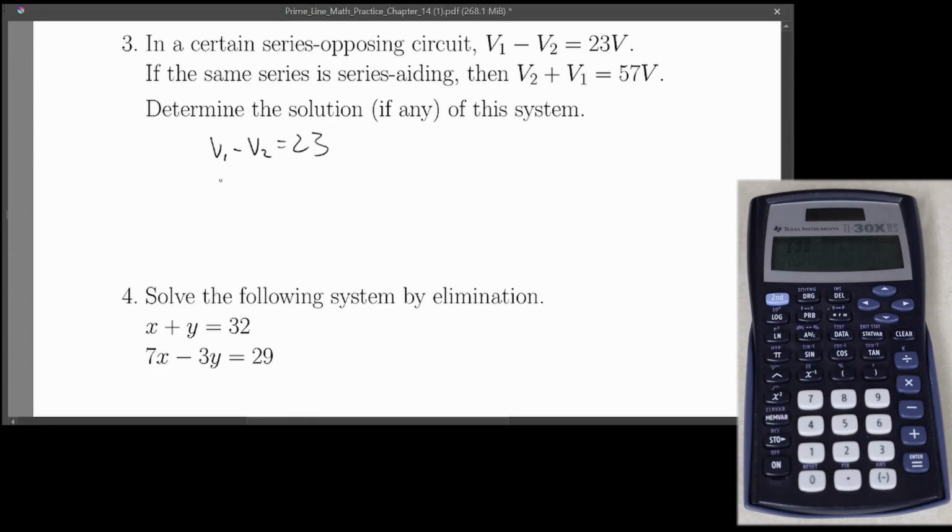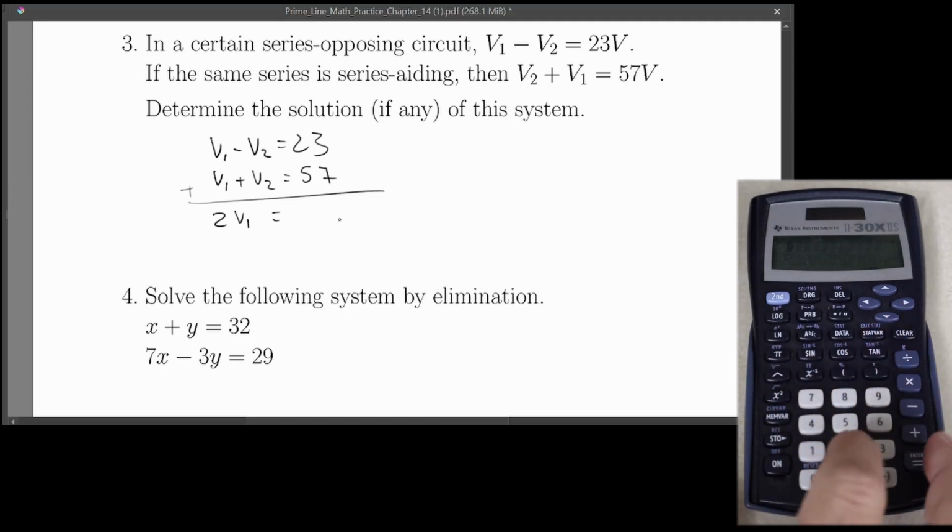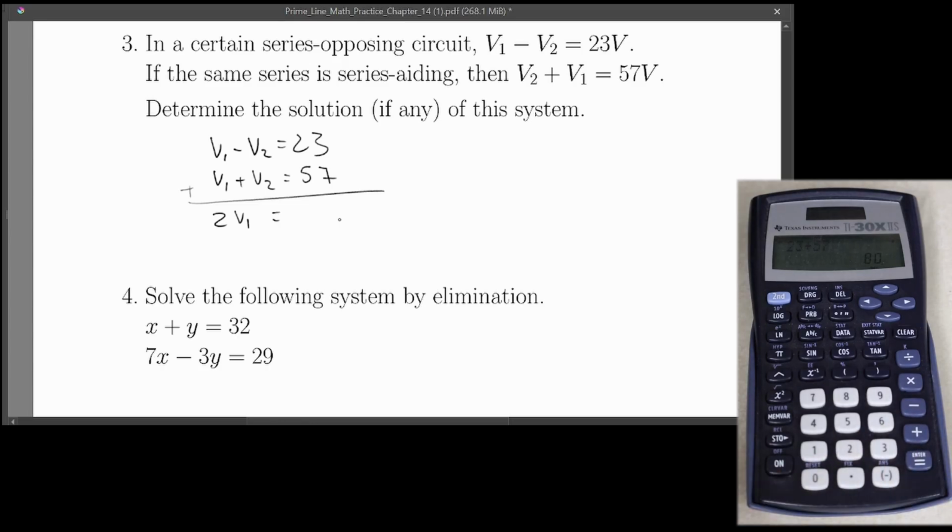And then we'll rearrange this equation so it's V1 plus V2 equals 57. We're going to add the two equations together, realizing that when we add these, the V2s will cancel out. So we get 2V1 equals 23 plus 57. On our calculator, 23 plus 57, we get a grand total of 80.